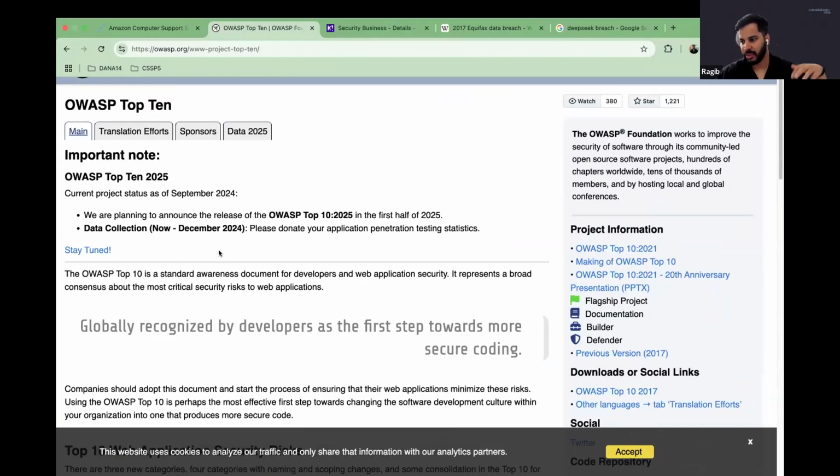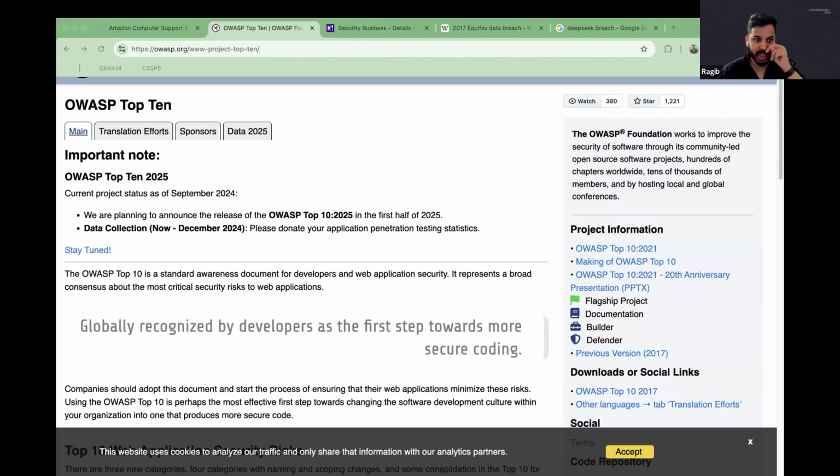They're collecting data up until December 2024, and they will update the list with the new top 10 list. Again, the list includes the most critical web application security risks, telling you that these are the top 10 risks that we think are the trend, and you should be prioritizing them, basically.